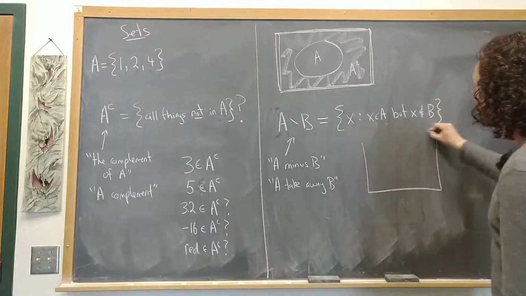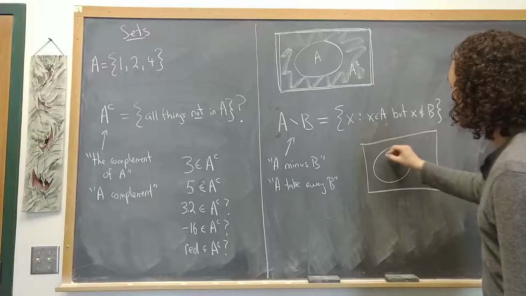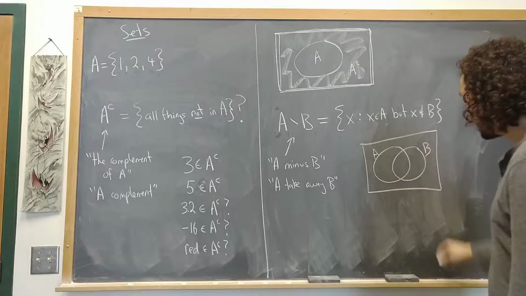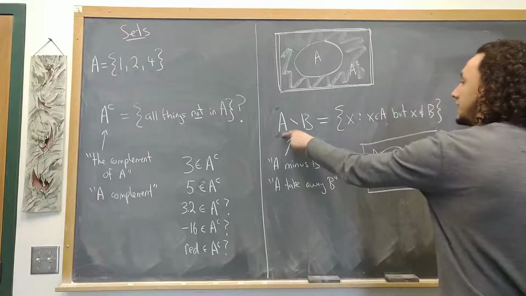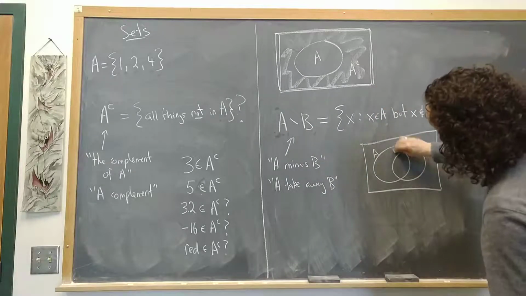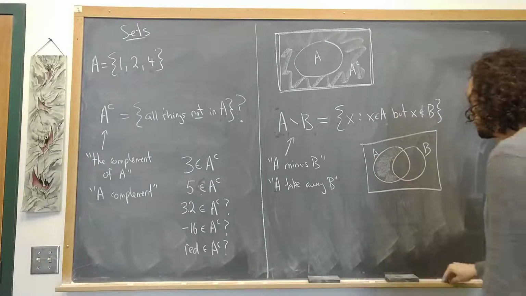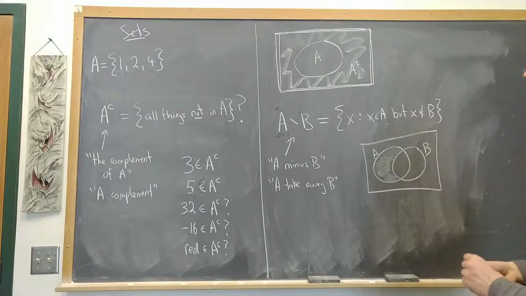So the picture of this, I've got A and I've got B. What are the points that are in A but not in B? It's this little crescent moon shape in the picture that I drew.